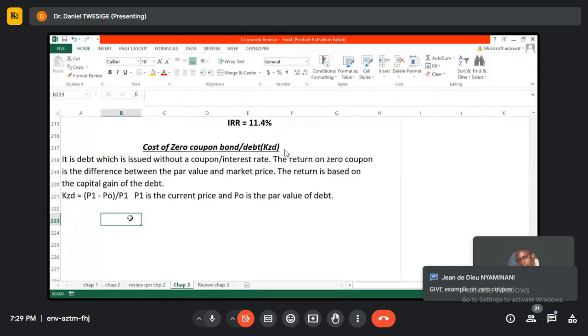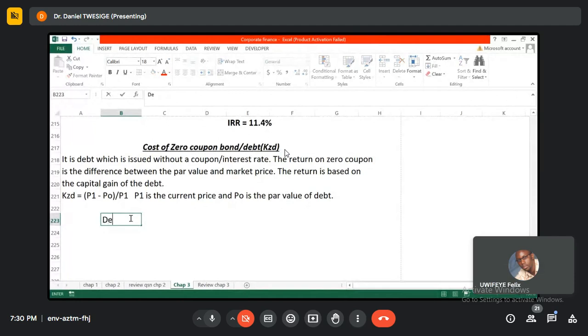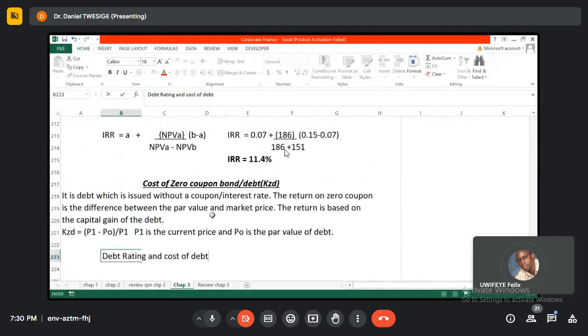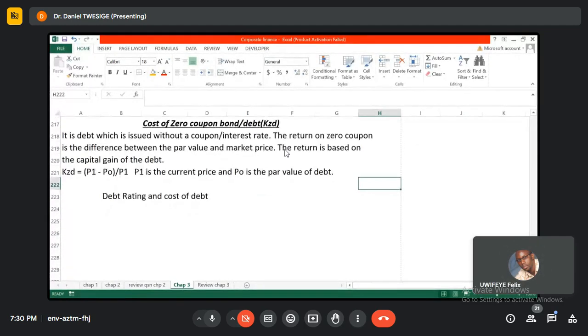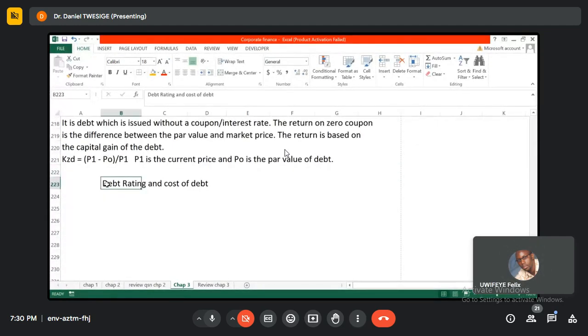But before we summarize this part, I want to add something small, which is called debt rating and cost of debt.